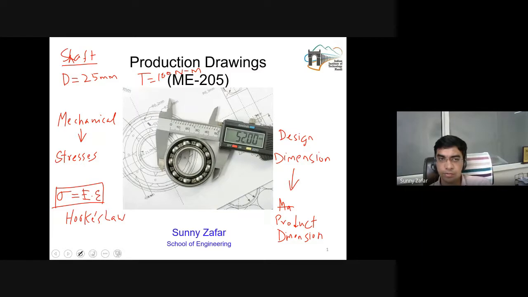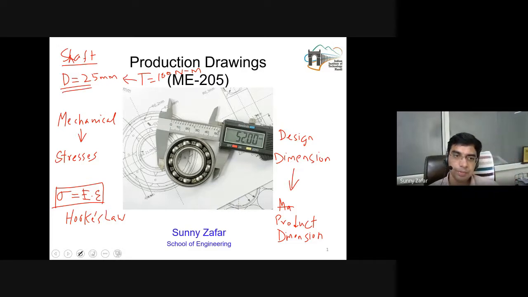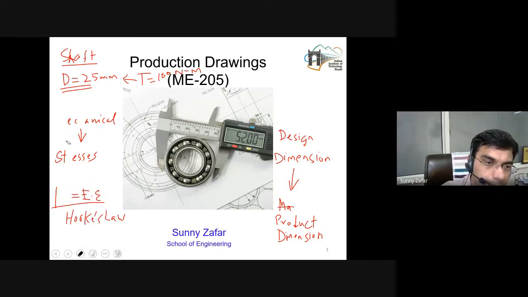What you need to understand is, for this 100 Newton meter of torque, I want to use a shaft of 25 millimeters. Now, to produce a shaft of 25 millimeters, I will take a round bar and do cylindrical turning on it using a lathe.